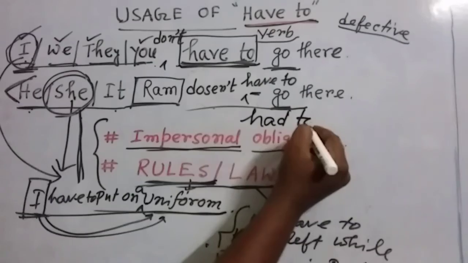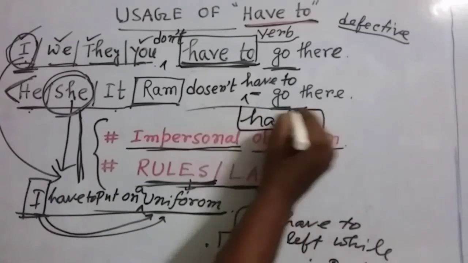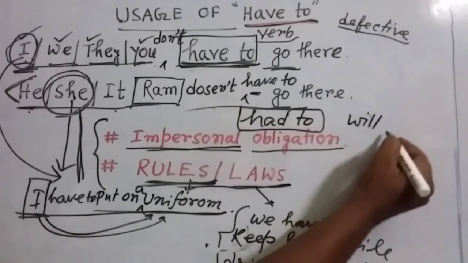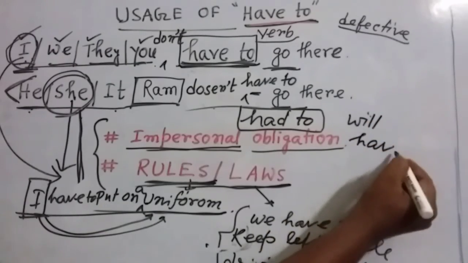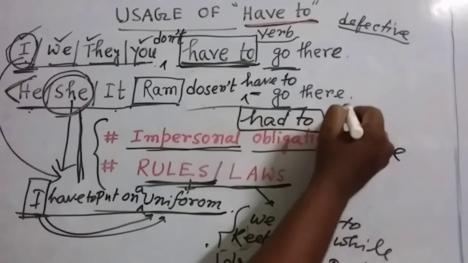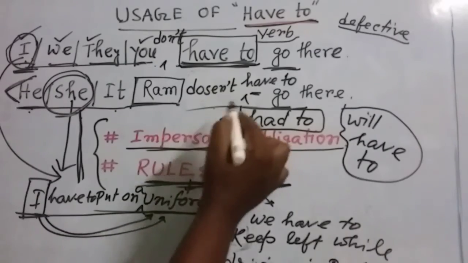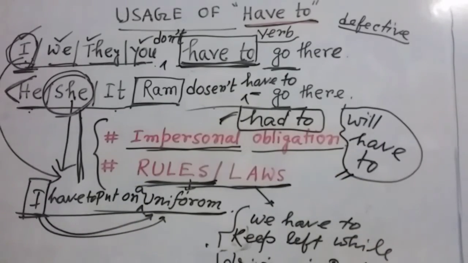The form will be had to. And for future, it will be will have to. That means this expression may be used in present tense, past tense, and future tense. With all the tenses, we can use this structure.